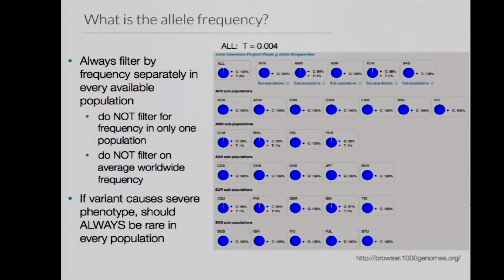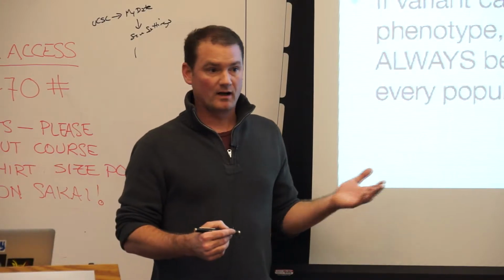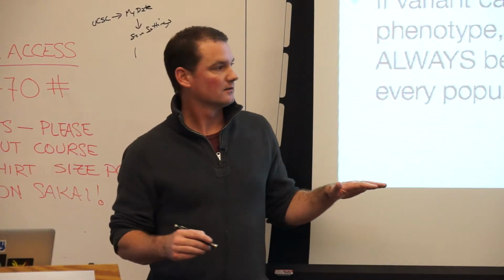But the intuition behind my argument is that if you're studying a rare disease phenotype, typically they have a highly penetrant deleterious effect on proteins. So if that's the case, that variant should be rare in every single population, right?